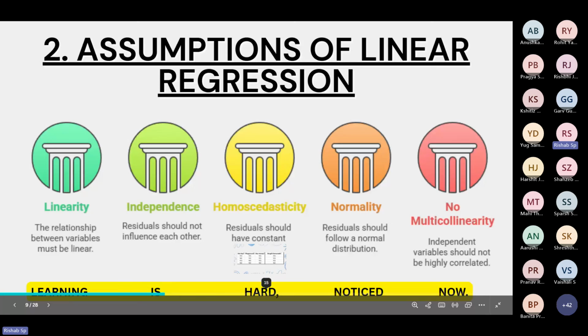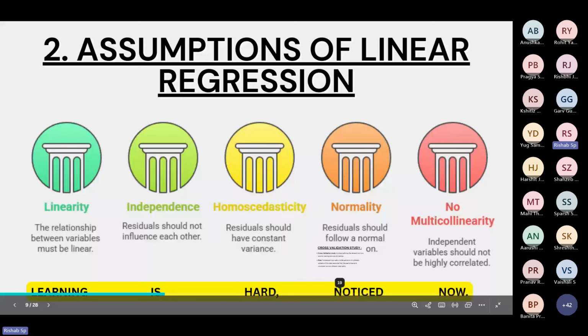You must be aware of the definition of homoscedasticity: residuals should have constant variance. If they don't have constant variance, it's heteroscedasticity. Our main focus is whether the data is following this assumption. Then N, normally distributed: residuals are normally distributed.